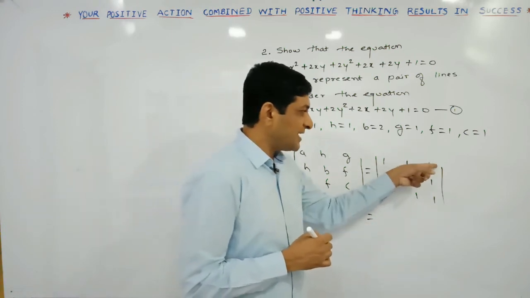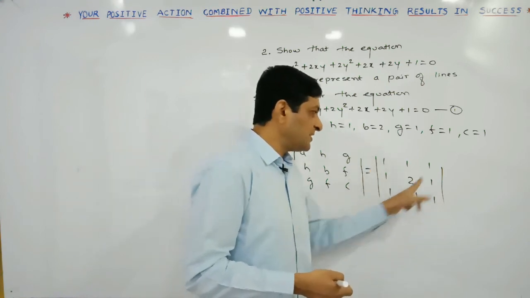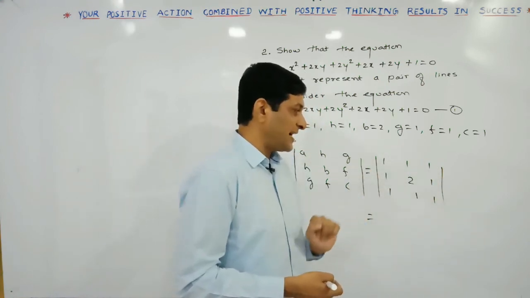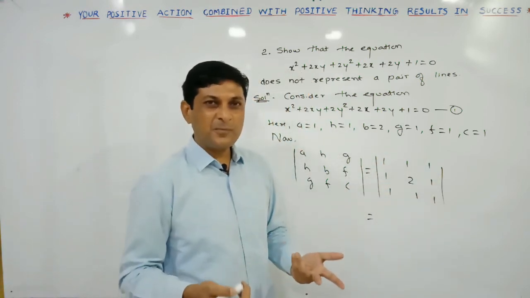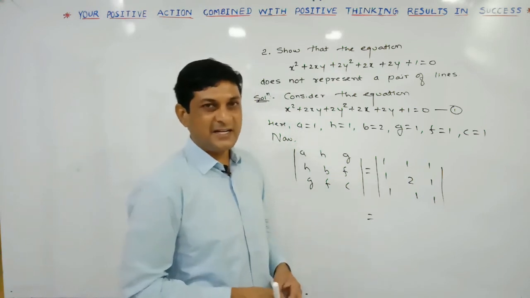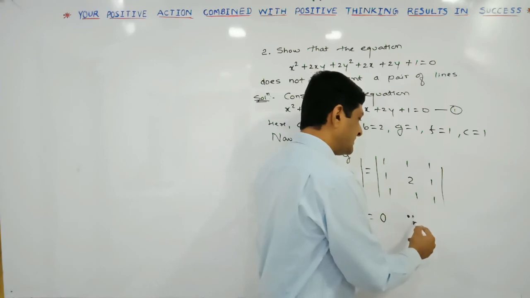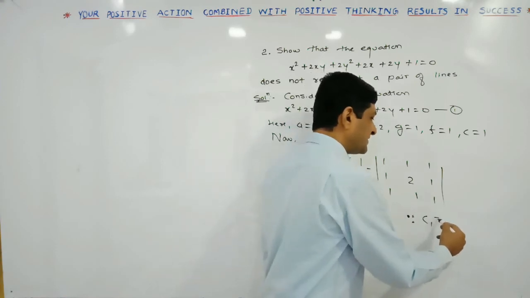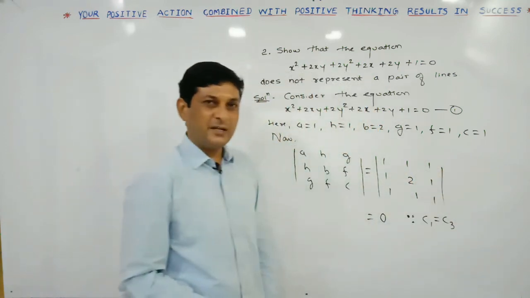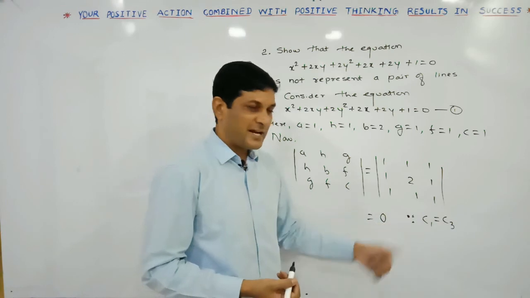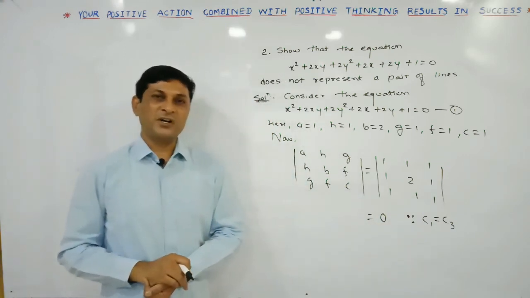So here we can say that the elements of R1 and R2 are identical, or in other words the elements of C1 and C3 are identical. Since the elements of any two rows or any two columns are identical, we can say that the value of the determinant is 0. Here give the reason: since C1 is equal to C3, means the elements of the first column are equal to the elements of the third column, so directly we can say that the value of this determinant is equal to 0. It is nothing but one of the properties of determinants.